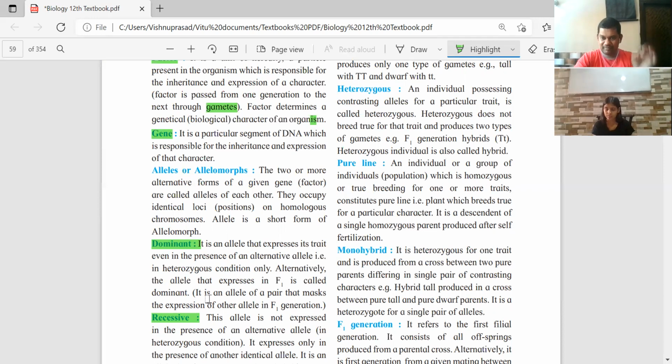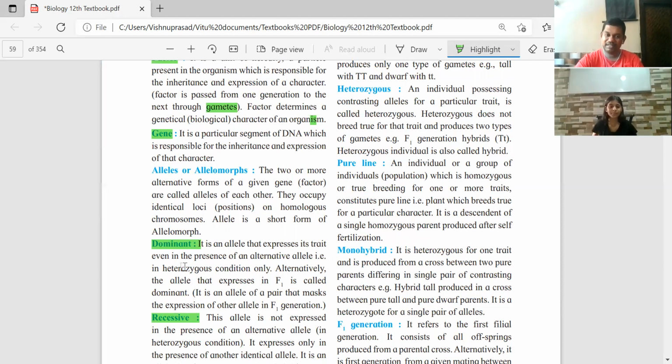If there is a dominant allele, along with that, if there is a recessive allele, or along with that, if there is another dominant allele, this dominant will be expressed. It expresses its trait even in the presence of an alternative allele. Then it is called dominant.